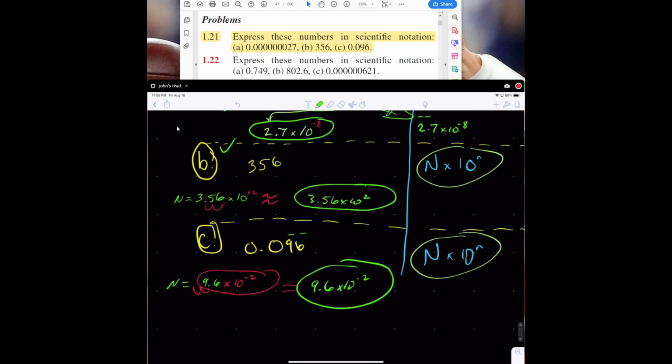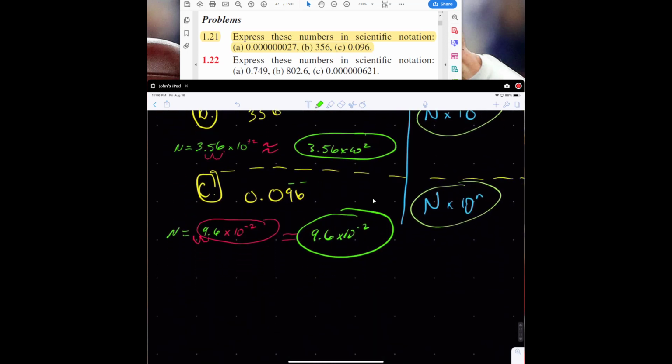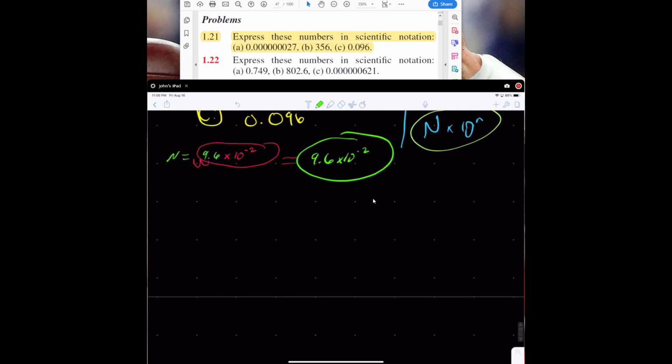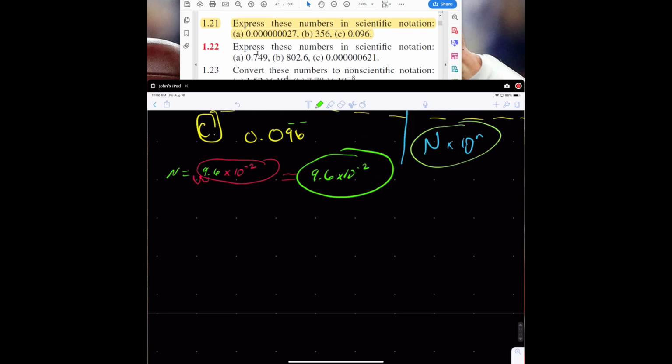Scientific notation makes the numbers much more convenient to work with, because who wants to write out all these zeros? Like in the first part, who wants to write out all these zeros? And in some questions they can get bigger, or smaller rather. So a good way to keep track is by using scientific notation. So that's it for 21. We can move on to 22.